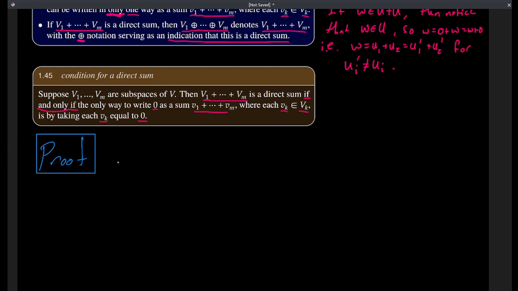This is nice. This basically tells us something really cool, which is that instead of having to check every possible element in this sum to confirm that this sum is direct, we only have to check a single element. That is way more convenient. That is a dramatically less amount of work.